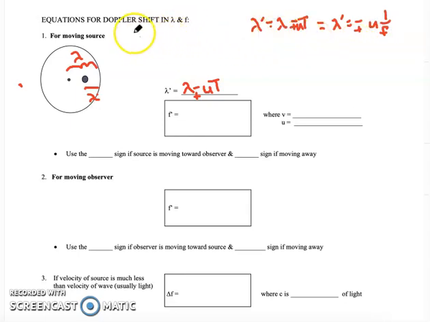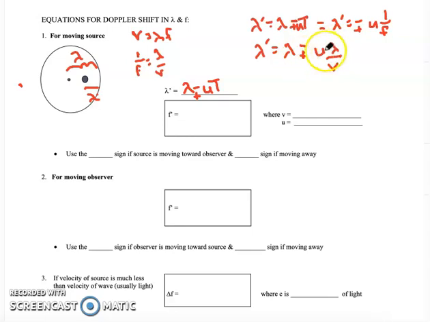Okay, so that's pretty straightforward. Now, let's remind ourselves of our wave equation, that the speed of a wave, v, equals lambda f. Then I can do a substitution: if I solve for 1 over f, that's lambda over v. So this equation becomes lambda prime equals lambda, minus plus u, which is the speed of the object, times lambda over v.